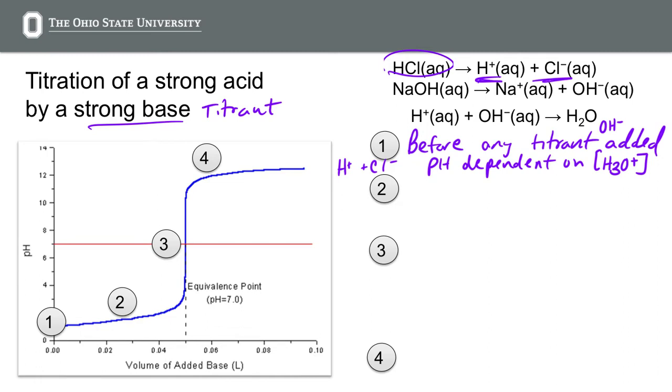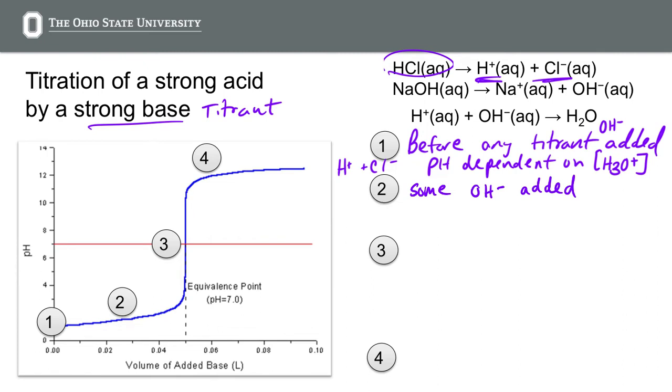The next point along our titration curve, point 2, is somewhere between our starting pH and the equivalence point. Point 3 is going to be the equivalence point. Okay? So we're somewhere between there. So that means some amount of hydroxide has been added, but not enough to reach the equivalence point.